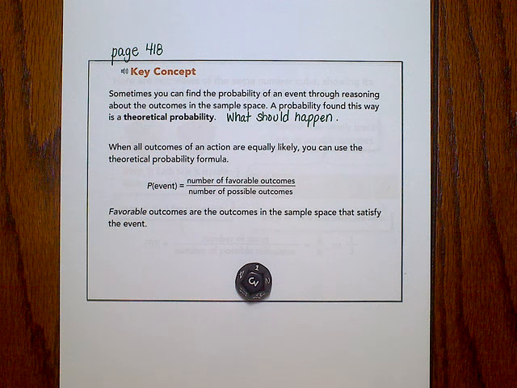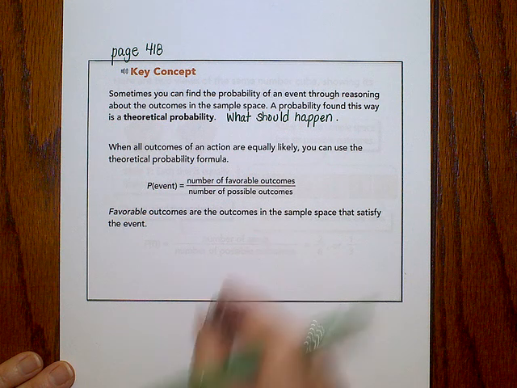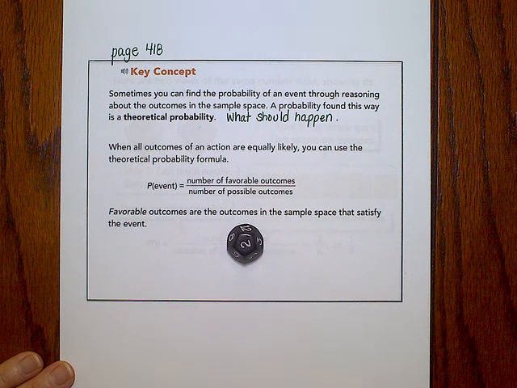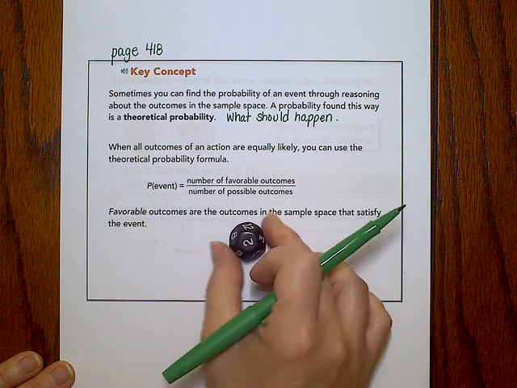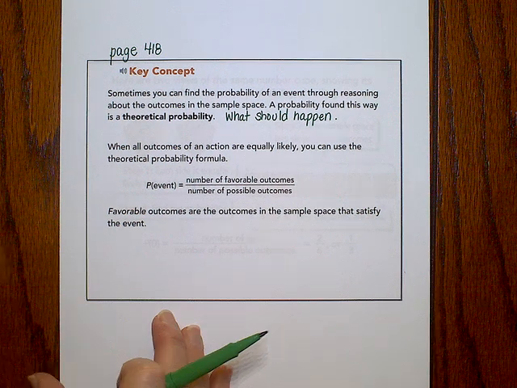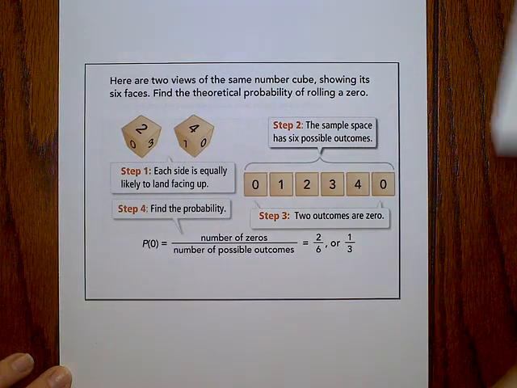So if I want to know what the probability of landing on a 3 is, that answer is going to be 1 out of 12. If I want to know what's the probability of landing on a 2, that also is 1 out of 12. So it's what should happen. Everything is equally likely in these events. Okay? So let's take a look at some more examples, kind of extending on what we did yesterday.